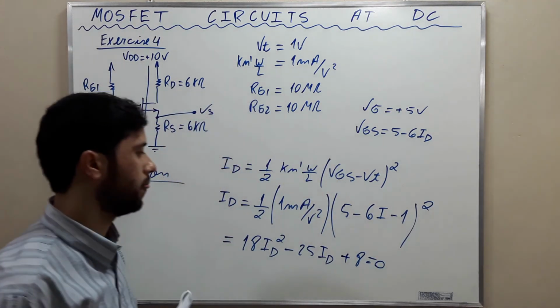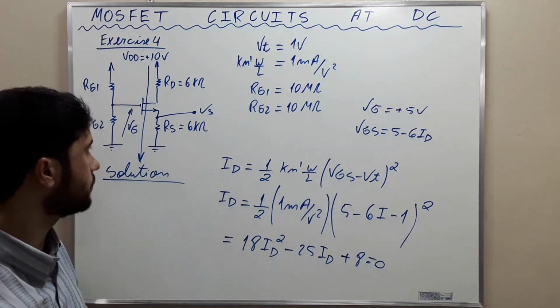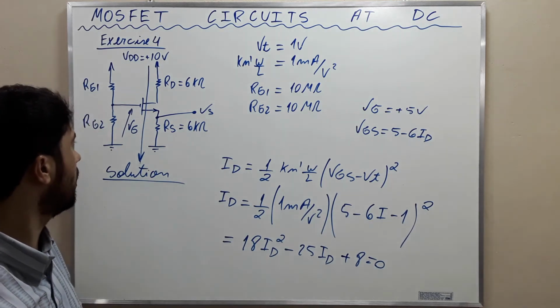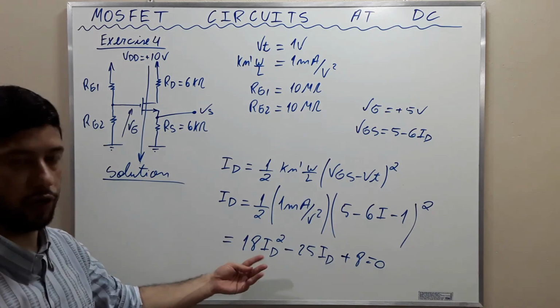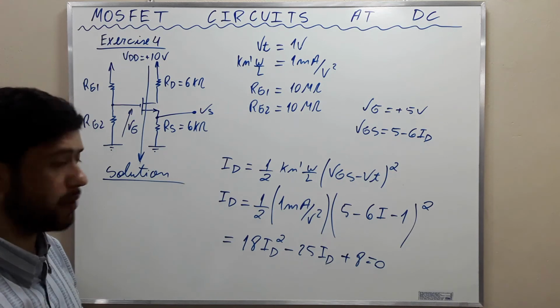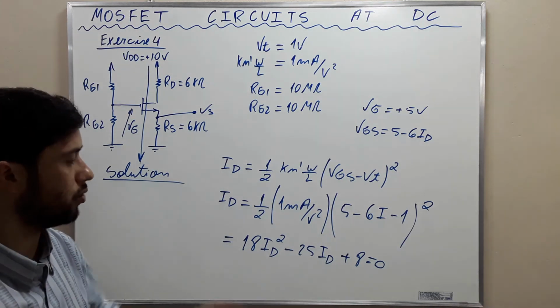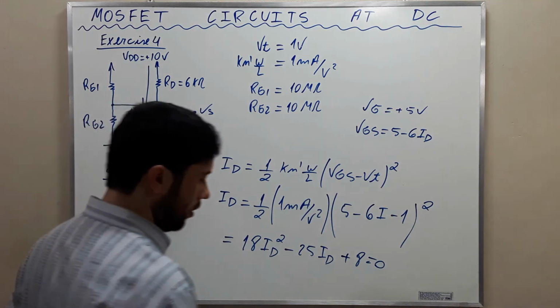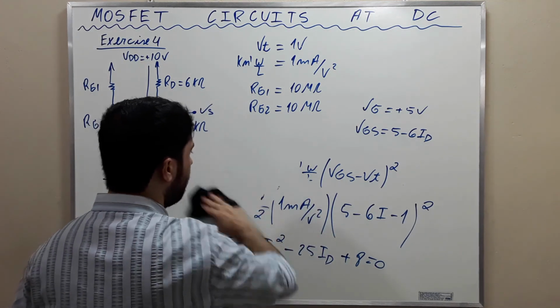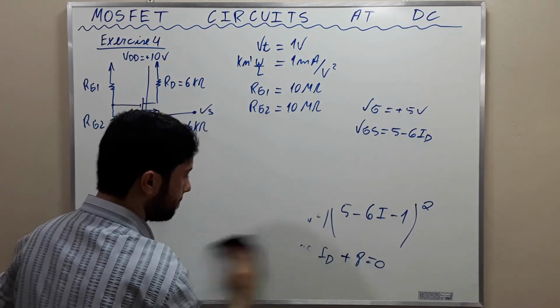This is the quadratic equation that we get. It's easy to solve this. Everybody that has gone to high school knows how to solve this, so we are going to solve this equation.